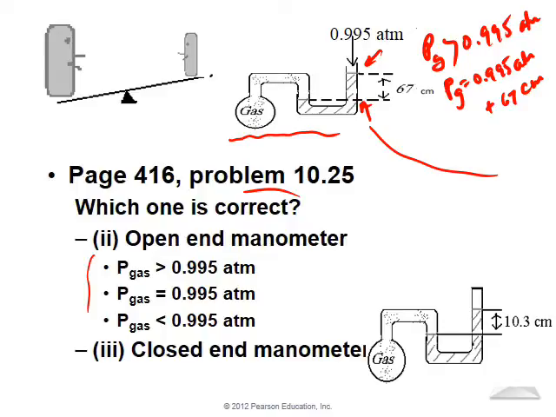So I can do that in millimeter of mercury. Let's write down 0.995 atmosphere and multiply that by 760, that's torr or millimeter of mercury per 1 atmosphere.